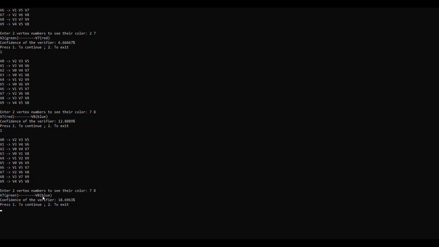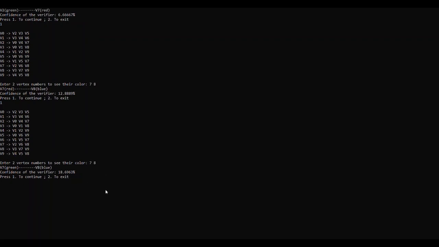This is because, for the corresponding P1 and P2 which the prover has given, the arrangement of the graph remains the same, but in each step the three colors of the graph are permuted. This is done so that the verifier does not exactly know the coloring of the graph.